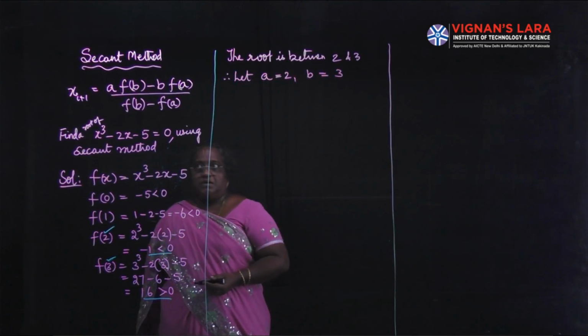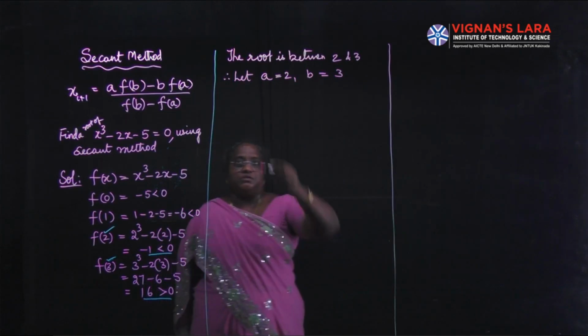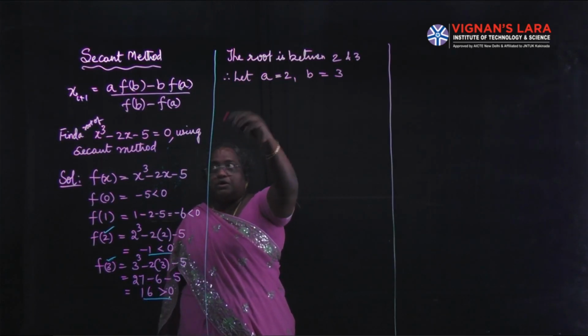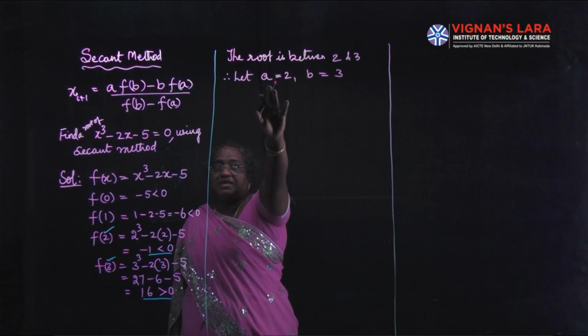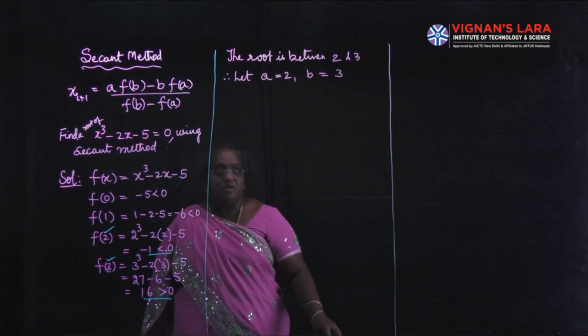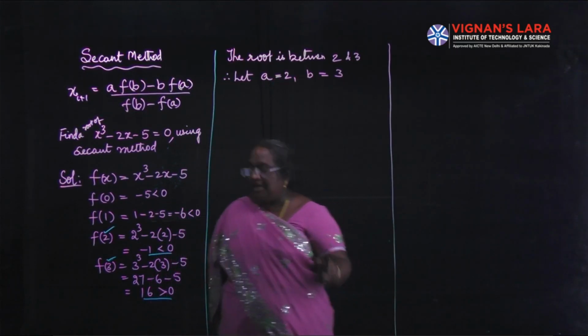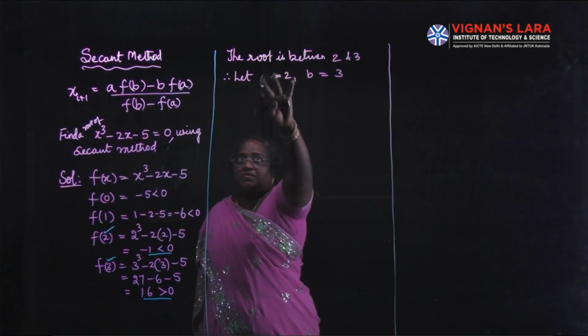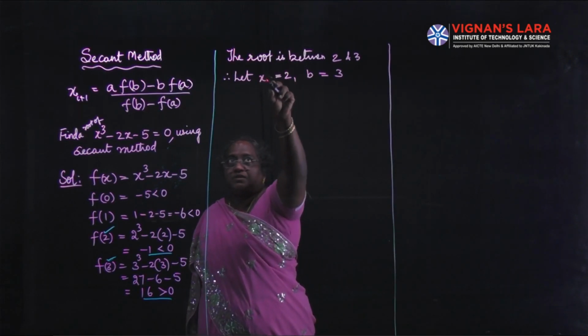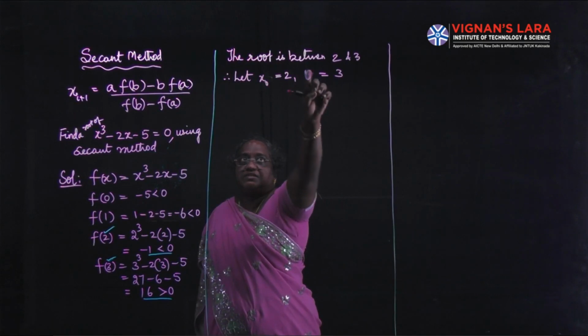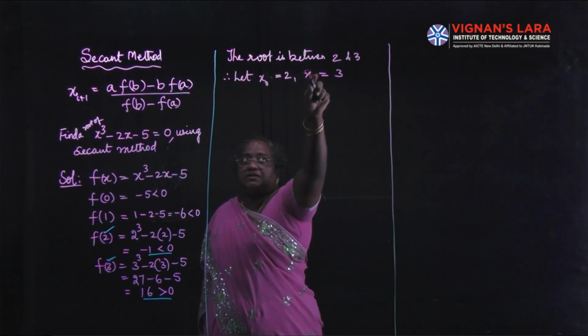Or otherwise, you can use the formula here as x0, x1. If we use a and b, you may get confused, so I will use x0 and x1 here. Let us take this as x0 and this as x1.